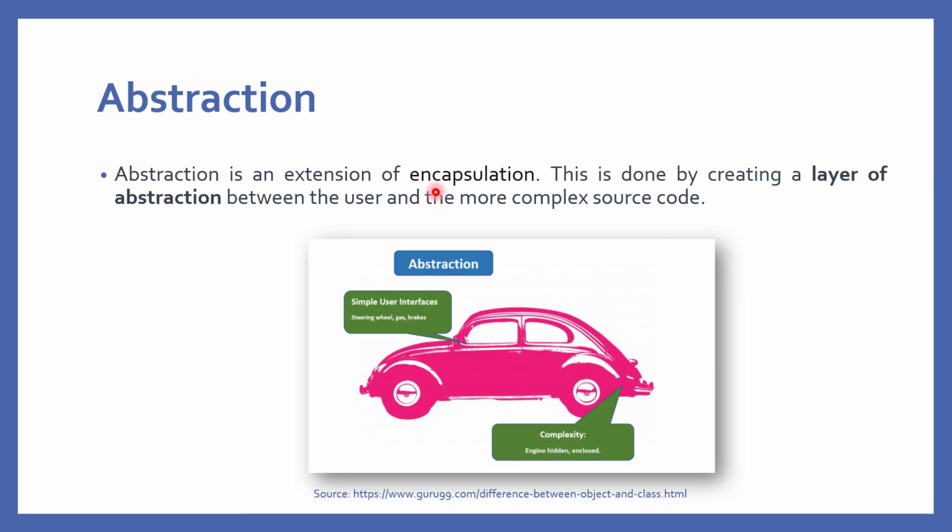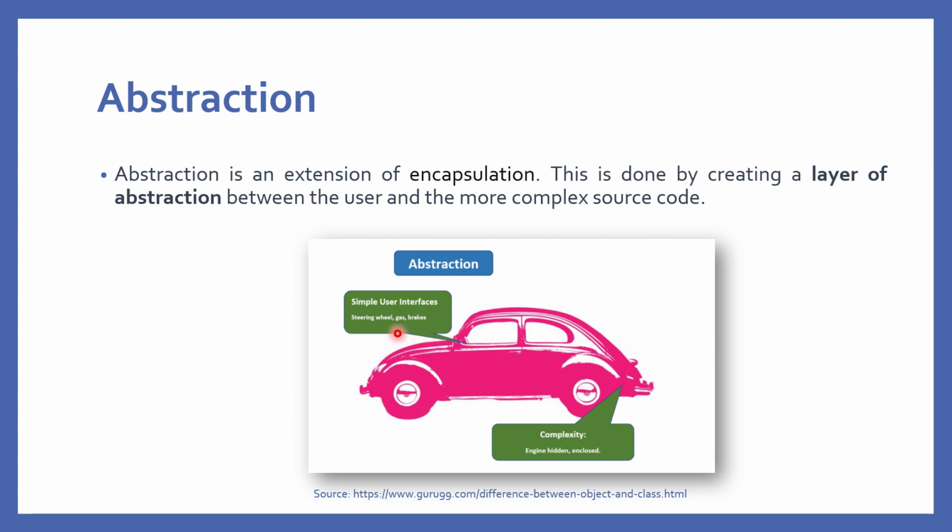It also supports abstraction. Abstraction is just an extension of encapsulation. This is done by creating a layer of abstraction between the user and the more complex source code. Let us consider this through the example of a car again. Here you can see that we have created a very simple user interface to drive the car, while the complexity is hidden.